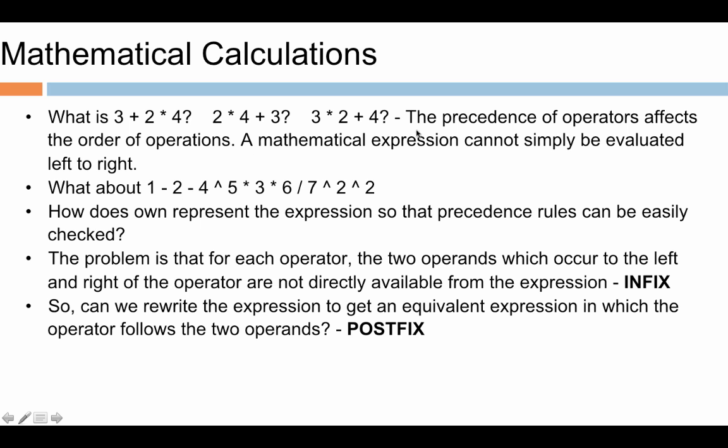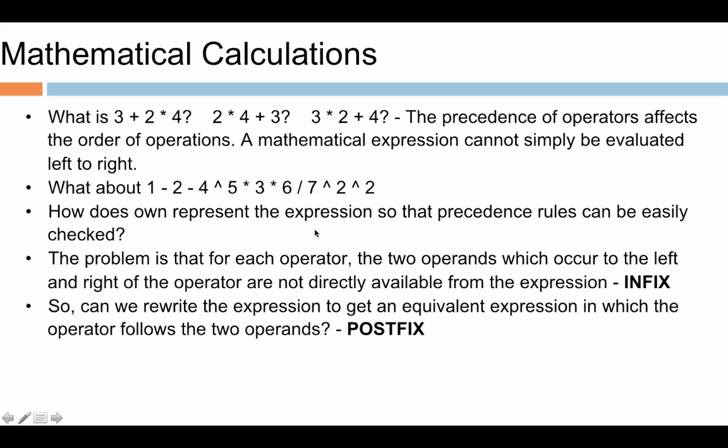We need evaluation rules. For example, exponentiation has the highest priority, followed by multiplication and division, but this multiplication is done first, followed by this division. So in the denominator will be 7 to the power of 4, and this exponentiation is also done first, and so on and so forth.